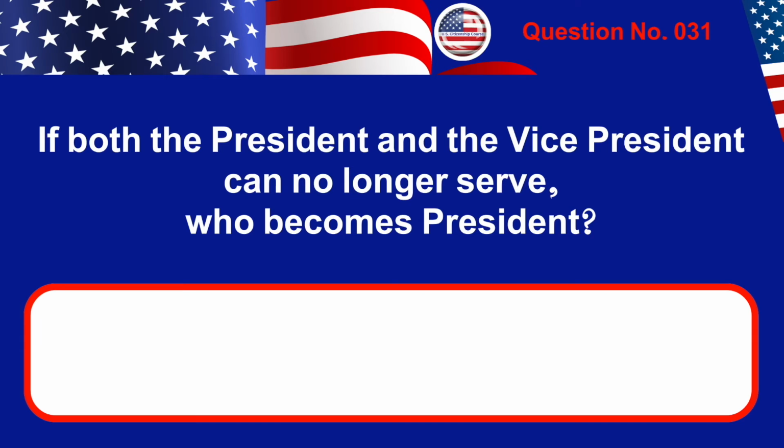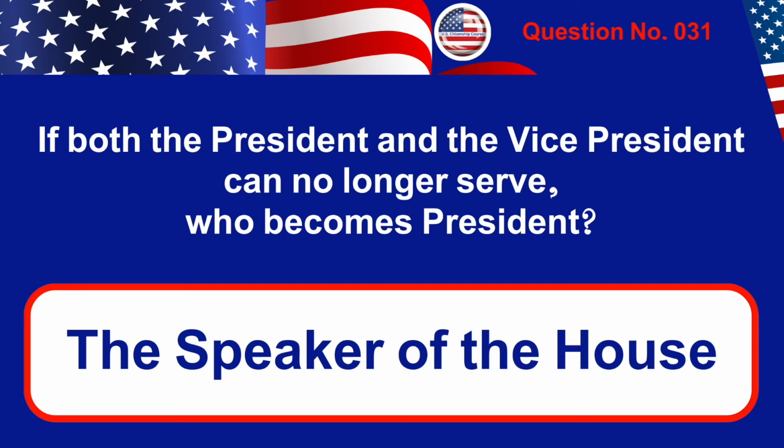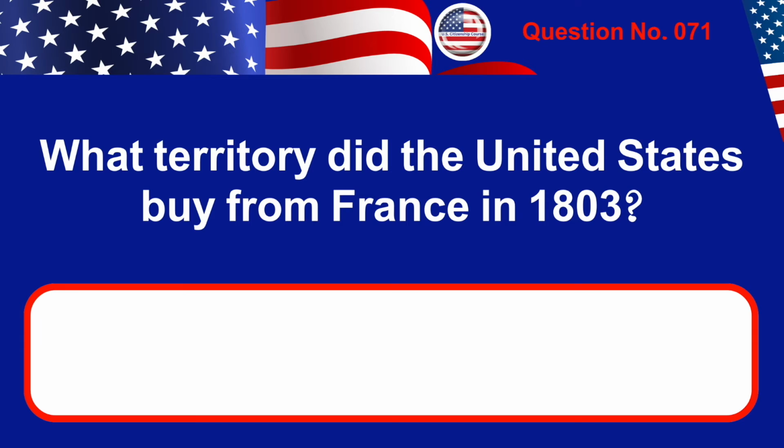If both the president and the vice president can no longer serve, who becomes president? The Speaker of the House. What territory did the United States buy from France in 1803?